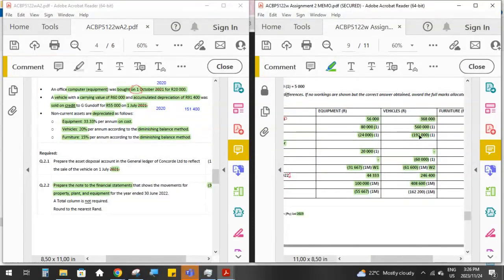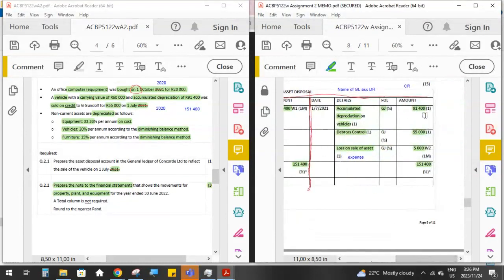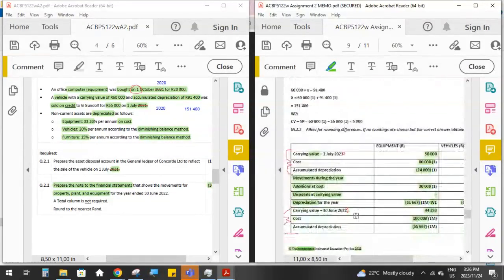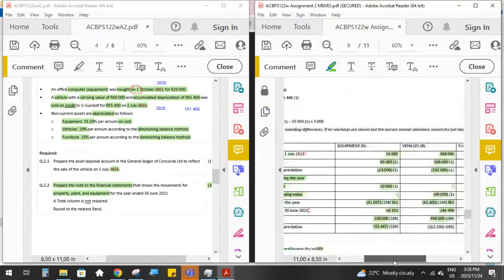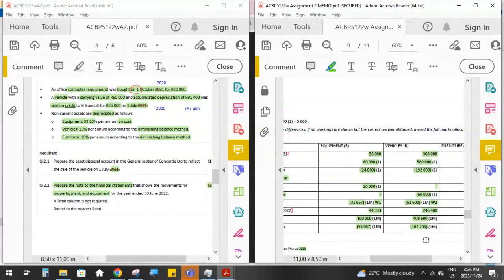Opening ACDEP 192 over here minus the 91,000 ACDEP of the vehicle that I sold, because that's gone. It's not in my books anymore. Plus the new depreciation for the current year on vehicles, which is 61,600, and that then gives me a total closing ACDEP of 162,200. 408,600 minus 162,200 gives me a closing carrying value of 246,400.